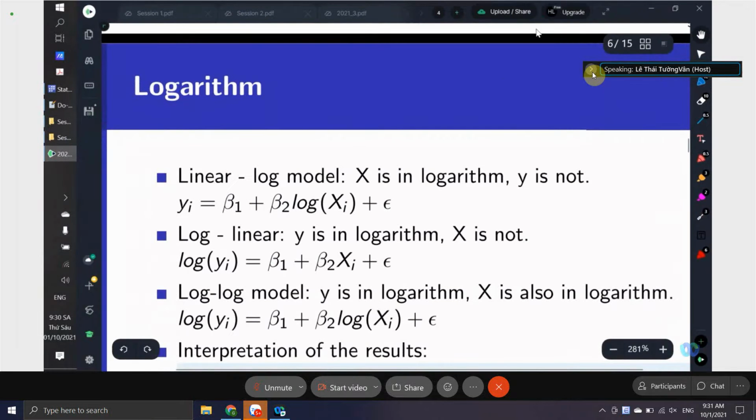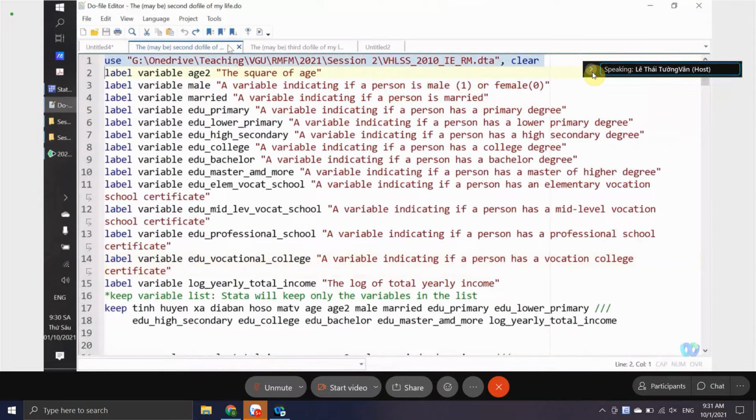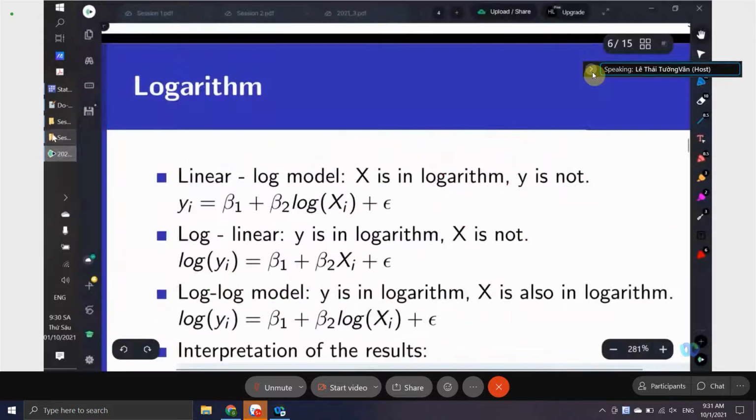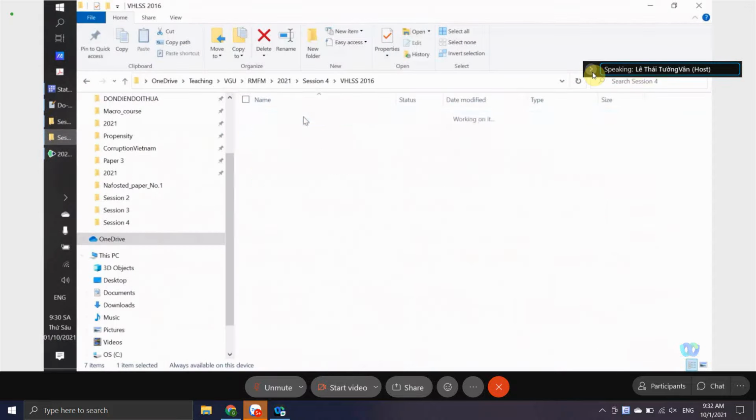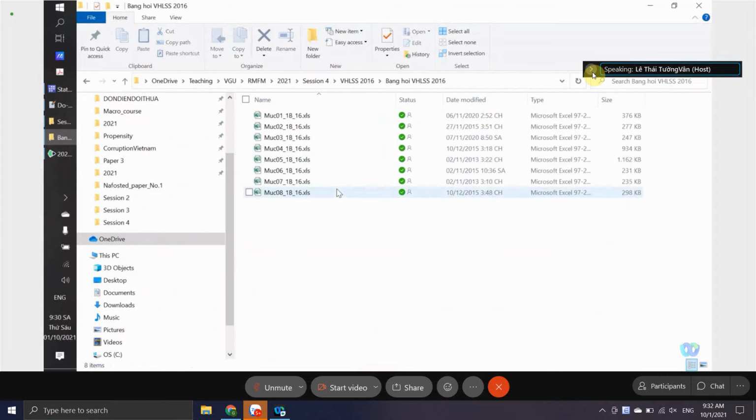Now, I will demonstrate it a little bit, because I know that the downloading will be saved for later in the day. So now I have the data here. I have the VHLSS 2016. There is a so-called bảng hỏi, that is the questionnaire.